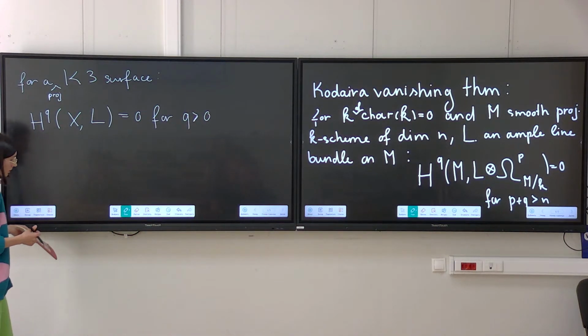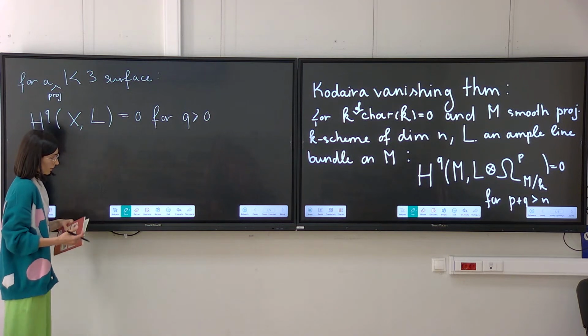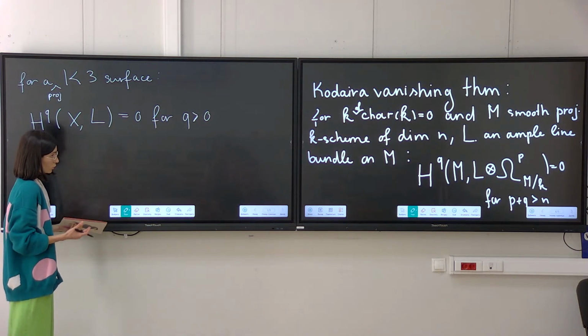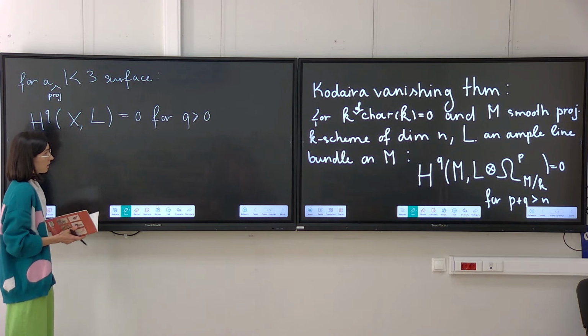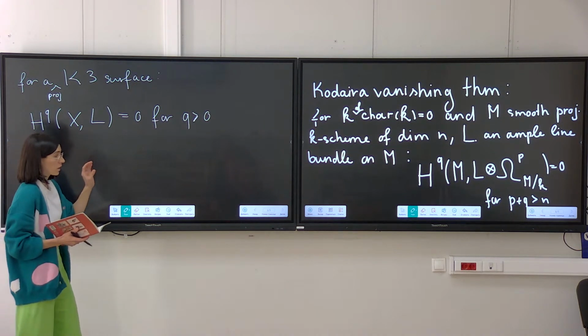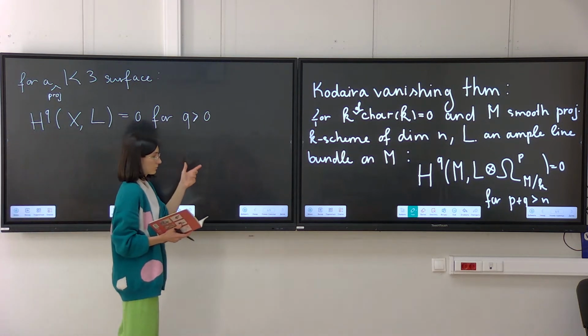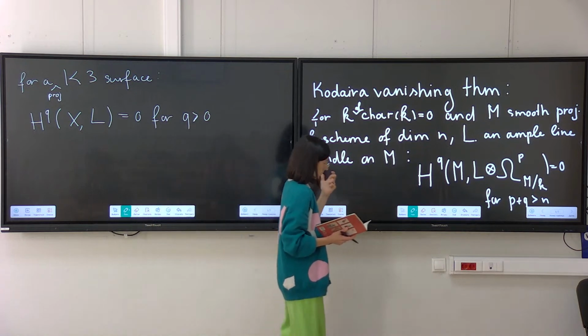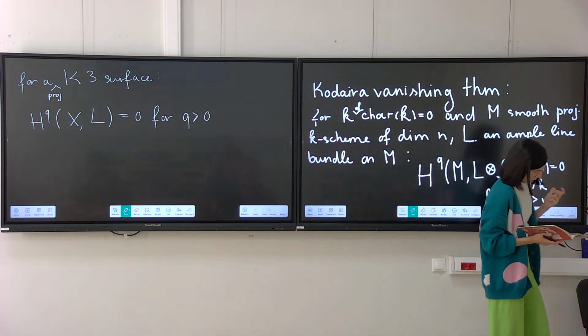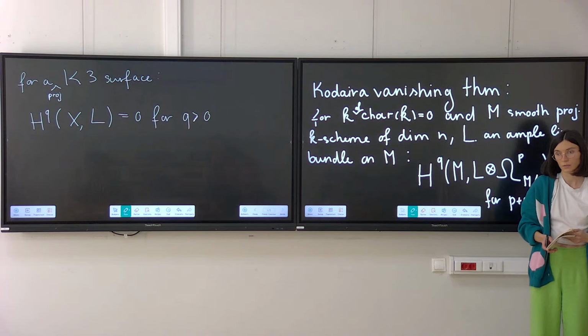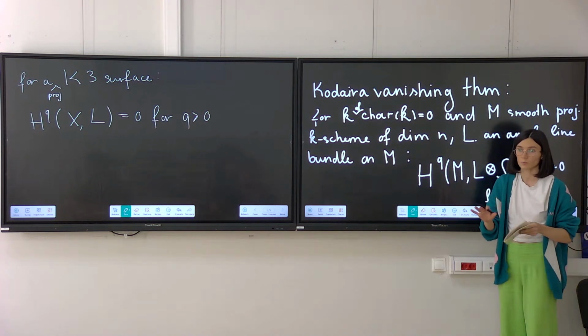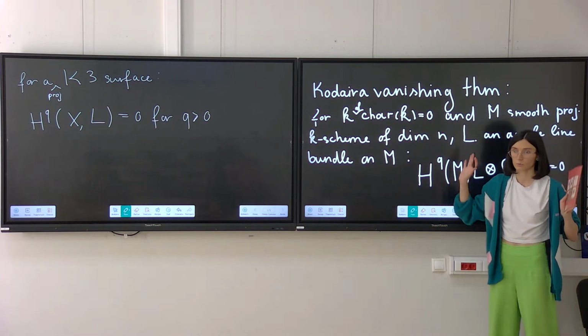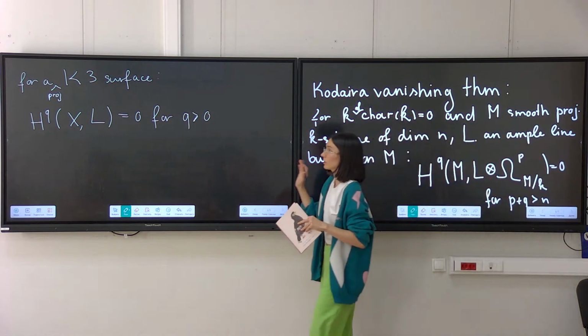The proof is not very difficult. Maybe we will discuss it at some point. A deeper reason for this theorem to hold in this case is that K3 surfaces do lift to characteristic 0. But this one we will not discuss because this is the Deligne-Illusie result.